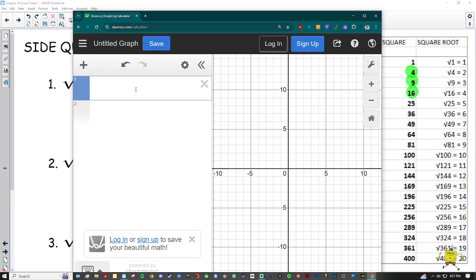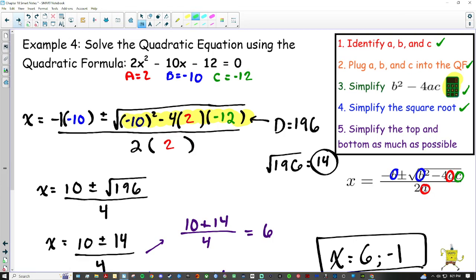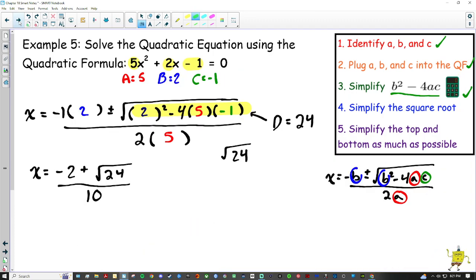Let's try to divide 24, starting with our largest, divided by 16. Doesn't work. Try dividing by 9. Still doesn't work. Dividing by 4, we get 6. So 24 splits into 4 times 6. So if I go back, 24 is going to split into the square root of 4 times the square root of 6.